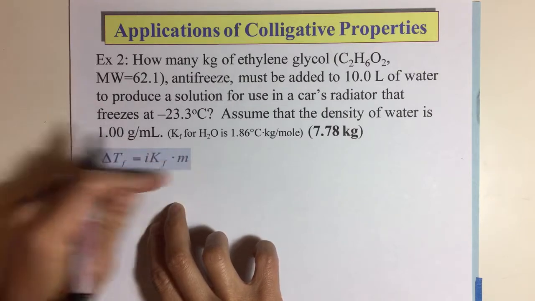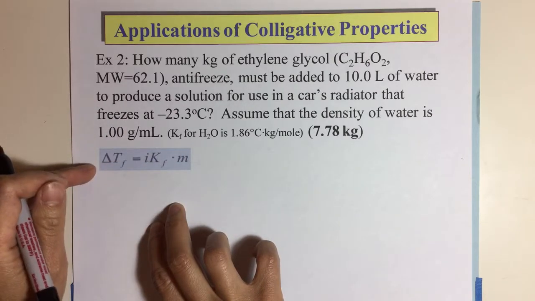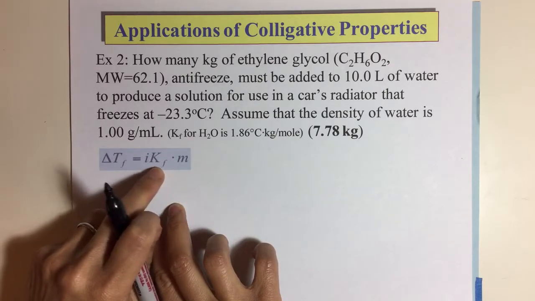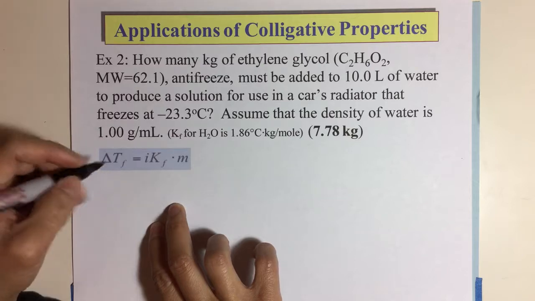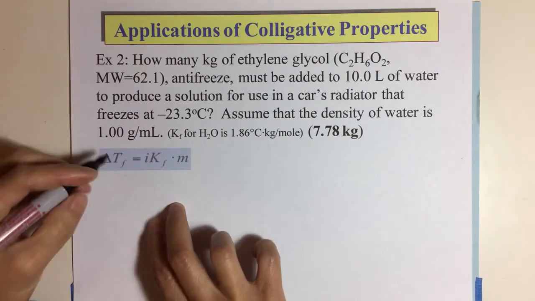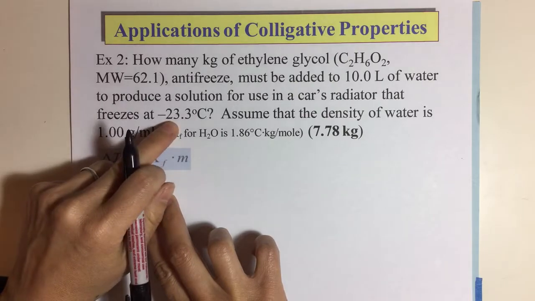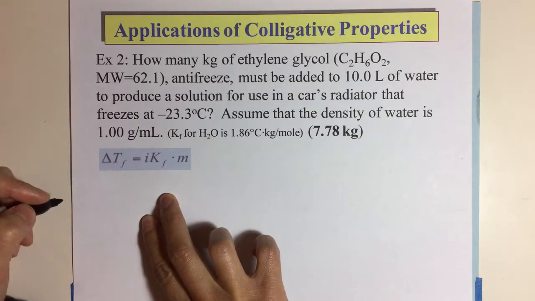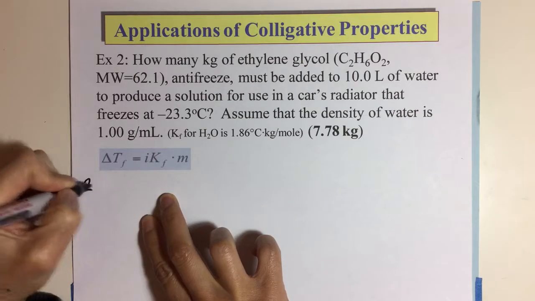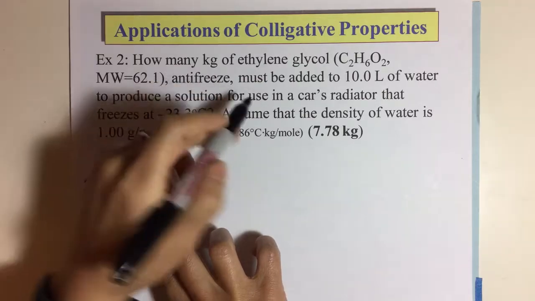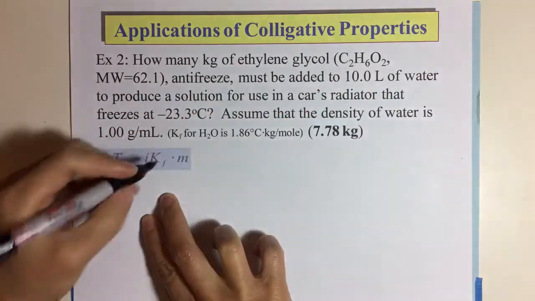So we're using this equation, which is the same as the boiling point, but it now has a different molal freezing point constant, which is 1.86. So the change in temperature, water freezes at 0. If you go below that, or you go below negative 23.3 degrees, the change in temperature is 23.3. The van't Hoff factor, because it's a covalent compound, is 1.